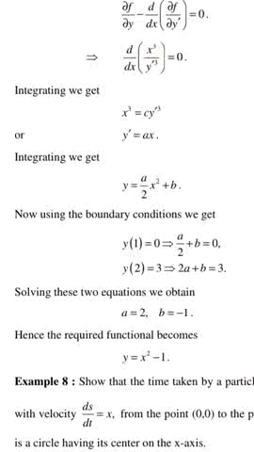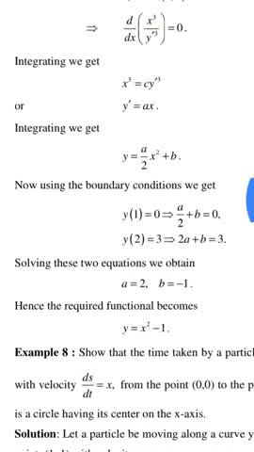Now we know that y of 1 is equal to 0. When x is equal to 1 and y is equal to 0, putting these values, a by 2 plus b is equal to 0.